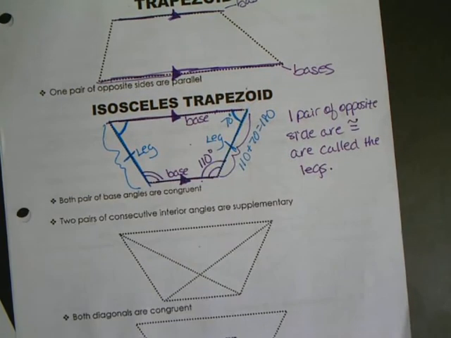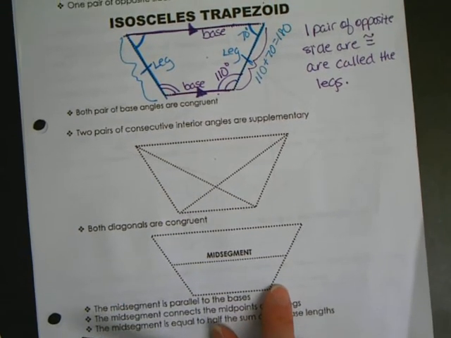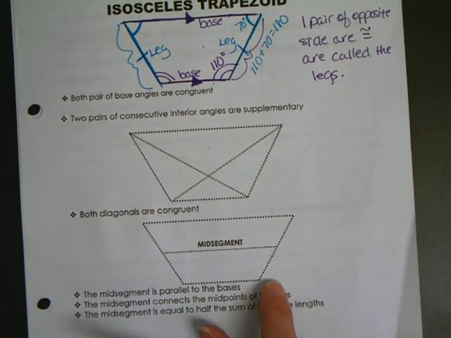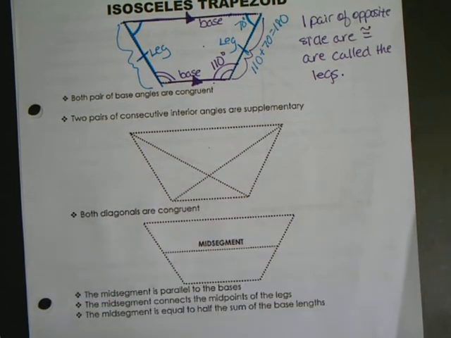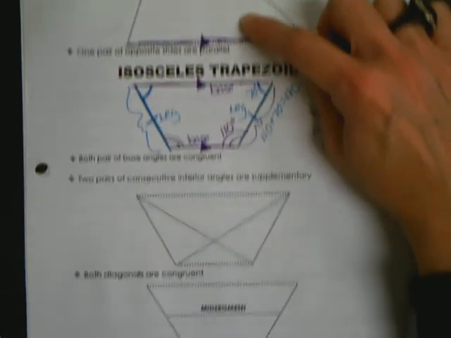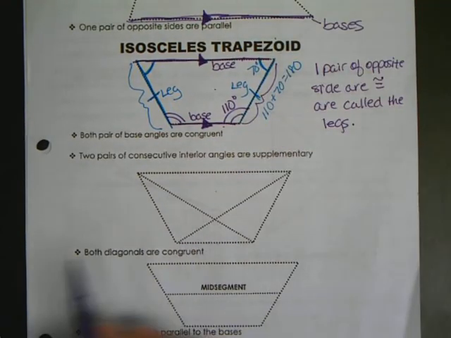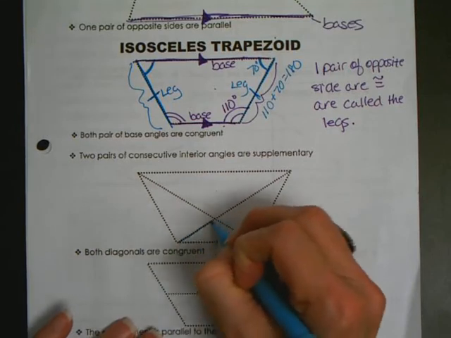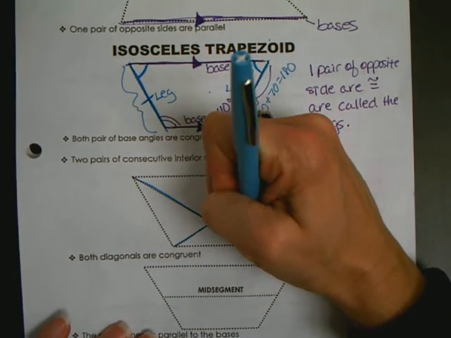All right? Now, some things about your diagonals of an isosceles trapezoid. Both diagonals are congruent, and this has to be in an isosceles trapezoid. Not any trapezoid. Wouldn't be the case here, but it is definitely the case when it is isosceles. Okay, so your diagonals are the same length.